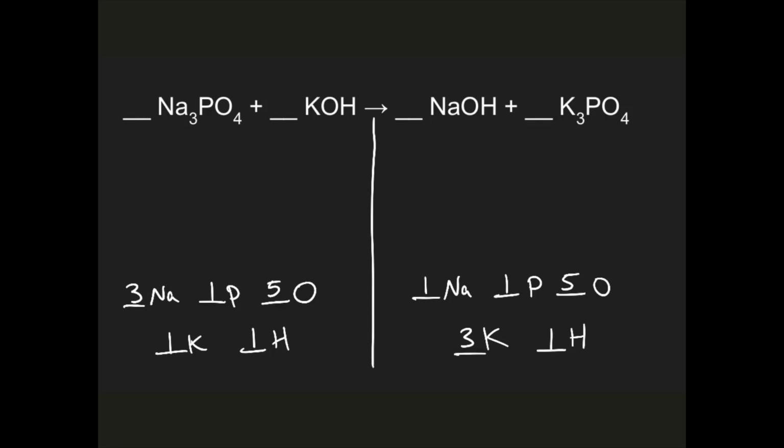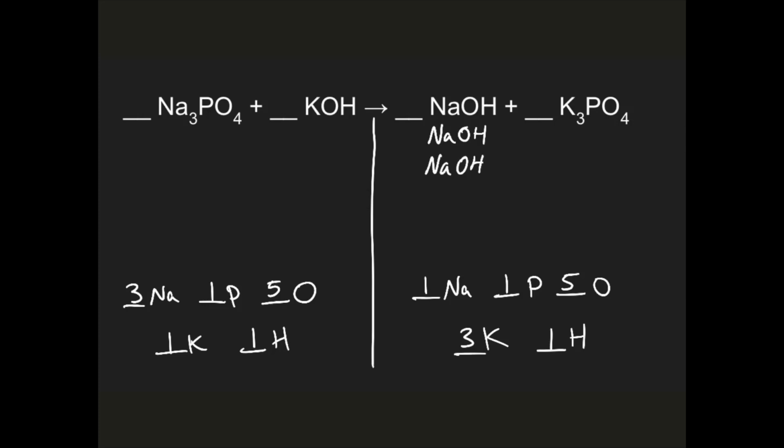So the first thing I see that's unbalanced is the sodiums. So I've got 3 on the left, 1 on the right. So if I add another one of these compounds that has sodium in it, then that gives me 2 sodiums, but I want 3. So let's go ahead and add another one.